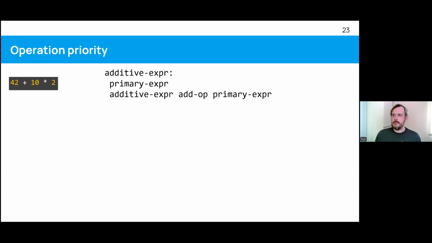And this multiplication operator doesn't fit into our scheme of this left associative tree. Because what we have to get in this case is our left operand is 42 and our right operand is this multiplication thing, the entire thing.